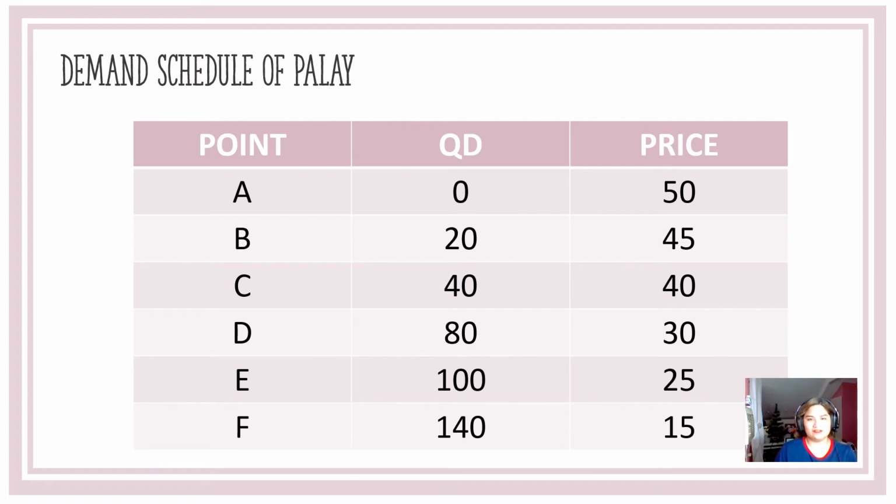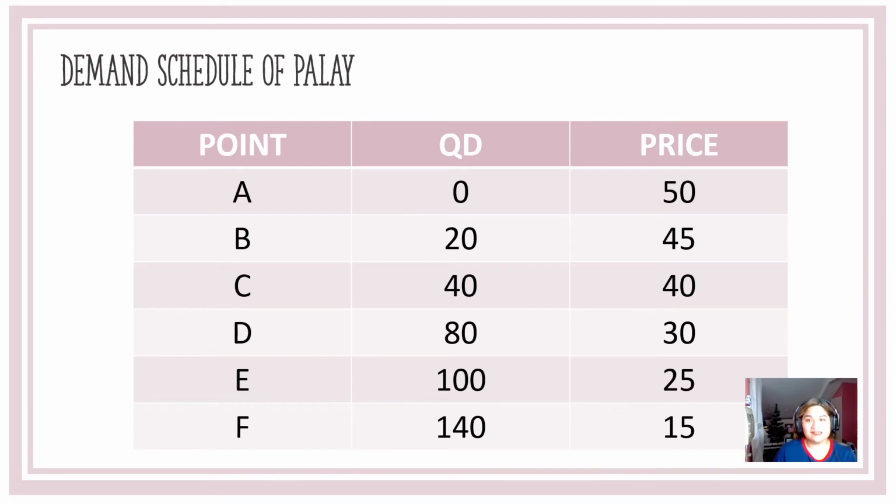So we have here different points A to F. Point A is at price 50, and the quantity demanded is 0. In this example, we're looking into the demand schedule of palay, meaning if palay is sold for, let's say, 50 pesos per kilo, the quantity demanded will be 0, meaning nobody will buy the palay if it is priced at 50.